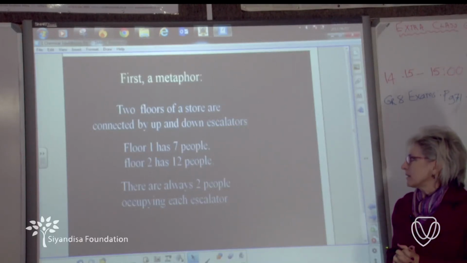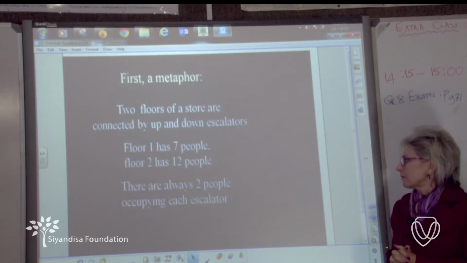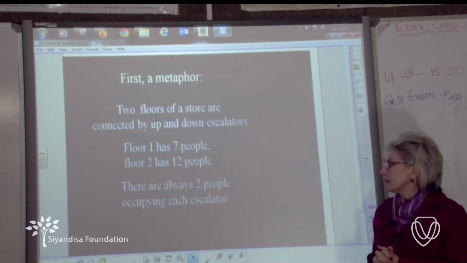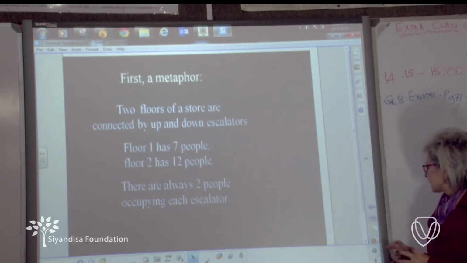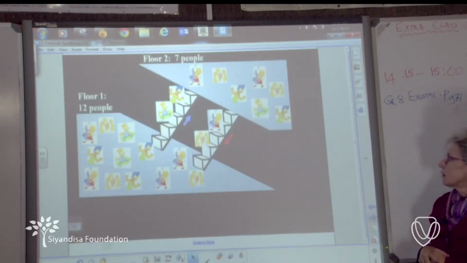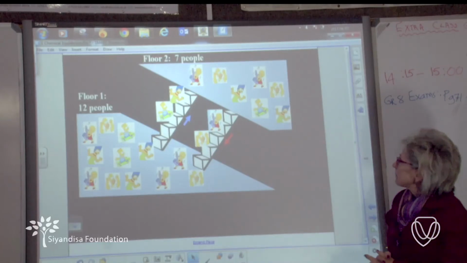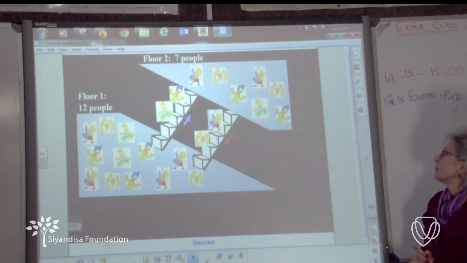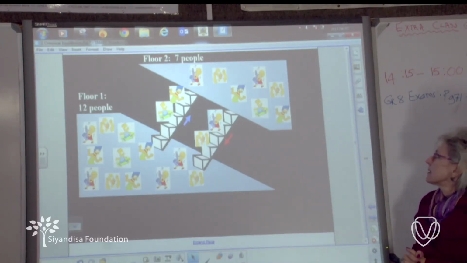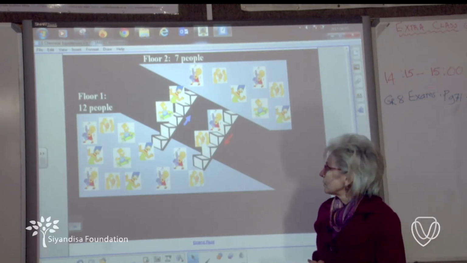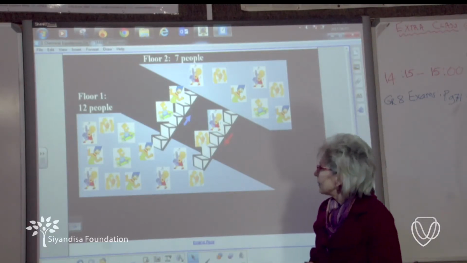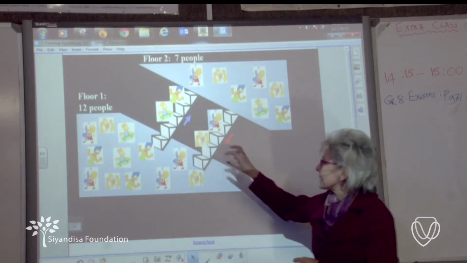Floor 1 has 7 people, floor 2 has 12 people, and there are always 2 people occupying each escalator. So just showing you what they've got here. Floor 2 with 7, maybe we need to say 7 groups of people. Floor 1 with 12 people, always 2 people on the escalator.